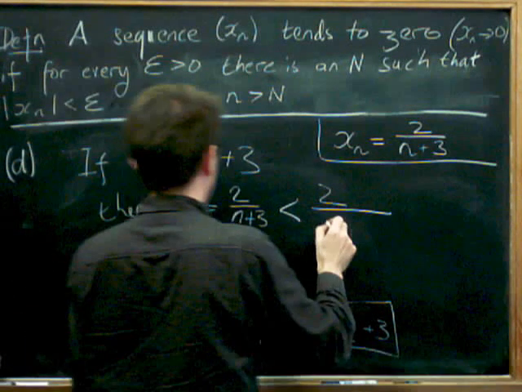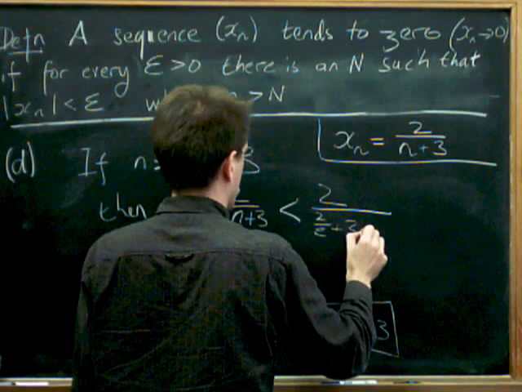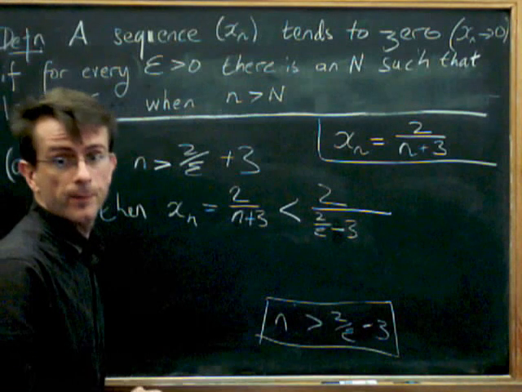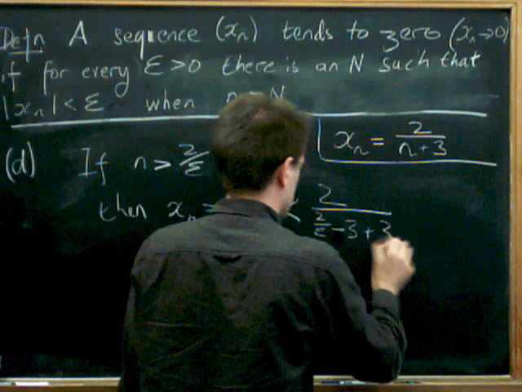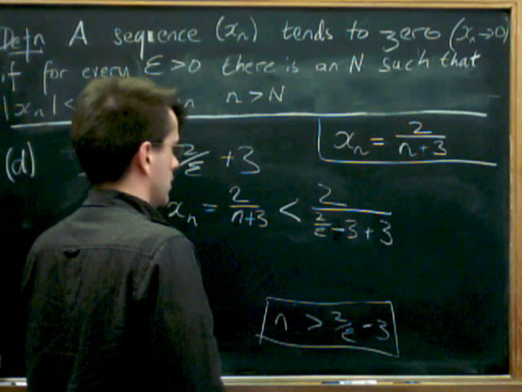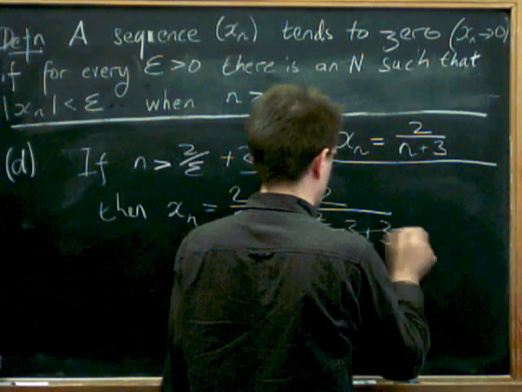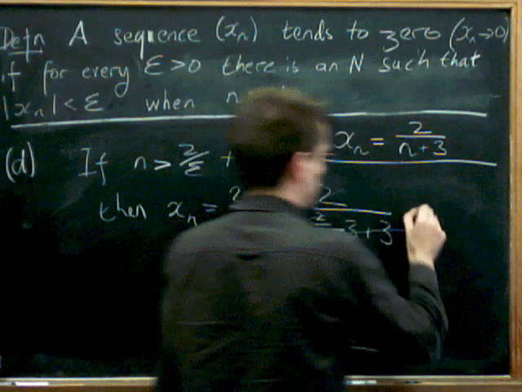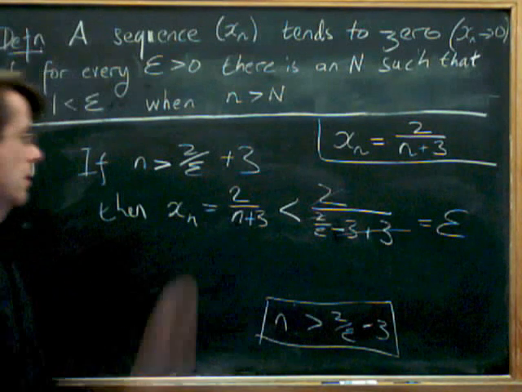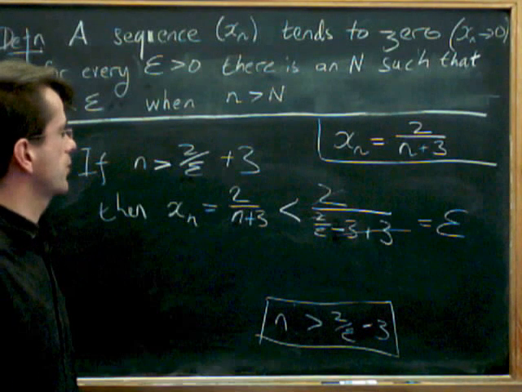Sorry, that should be a minus sign there. Here the 3's cancel, and then the 2's will cancel, and that's exactly epsilon. So this is why we picked this value. Anything bigger than 2 over epsilon minus 3 will do here.